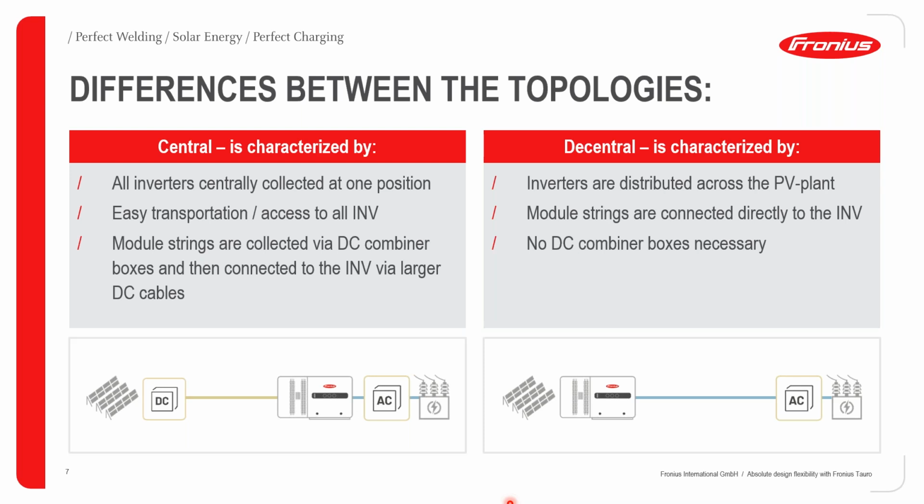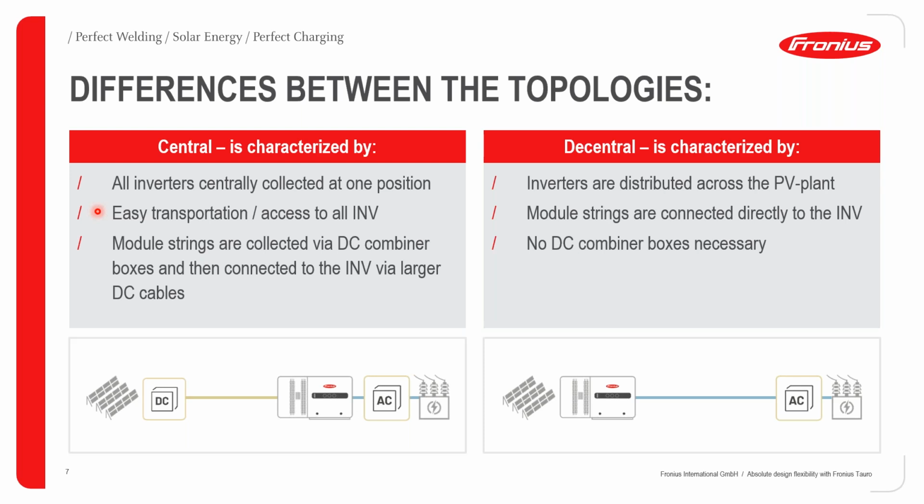So the central topology is characterized by all inverters being centrally located at one position. This has, of course, some advantages. For example, we have easy transportation of all the inverters to this one location. And also regarding the service, it's good to have them all located at one place.